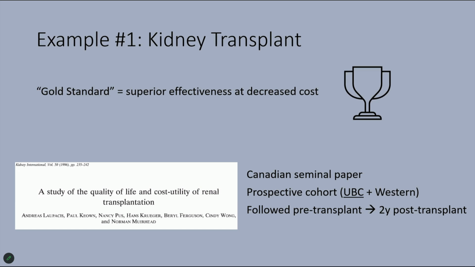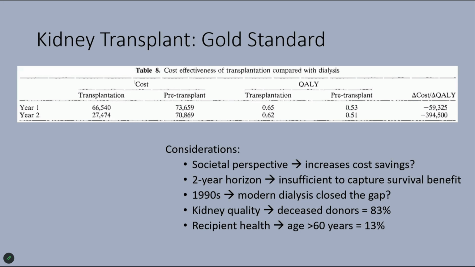This is a seminal Canadian paper establishing the cost effectiveness of kidney transplantation with a prospective cohort from here at UBC and at Western. These were 168 patients who were initially followed pre-transplant out to 2 years post-transplant. And this was an economic evaluation associated with an observational trial.